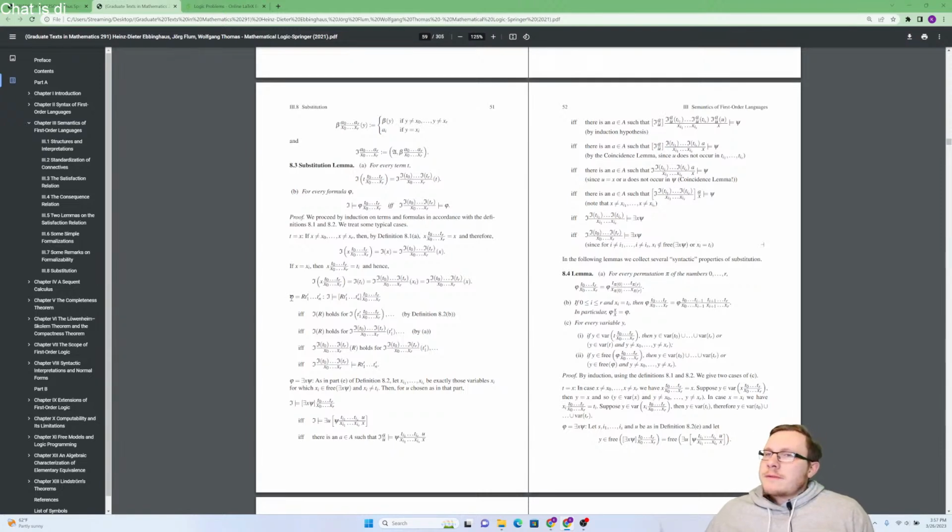Okay, so if your formula is a relation, your model satisfies the formula if and only if... This is so intuitively true.